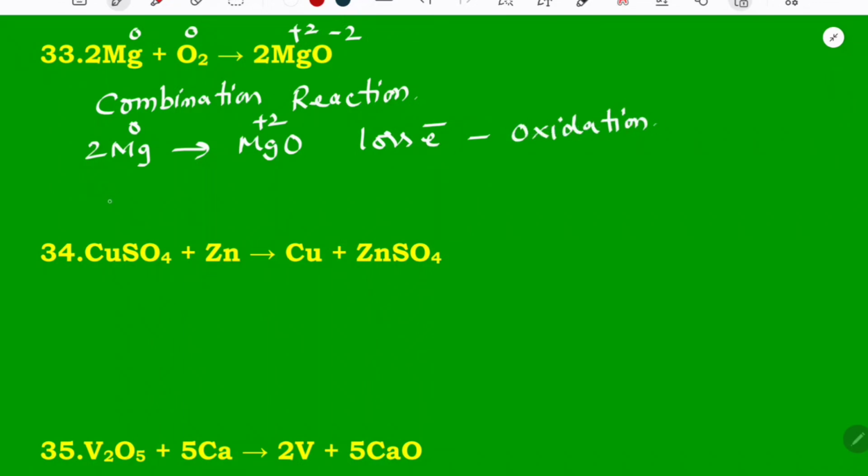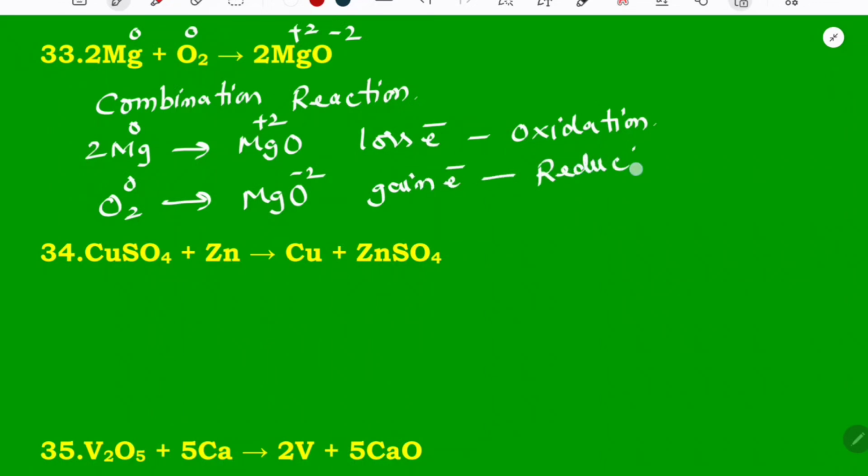Then O2 0 to MgO, here -2 came. 0 to -2 means gaining of electrons takes place. So this is a reduction.